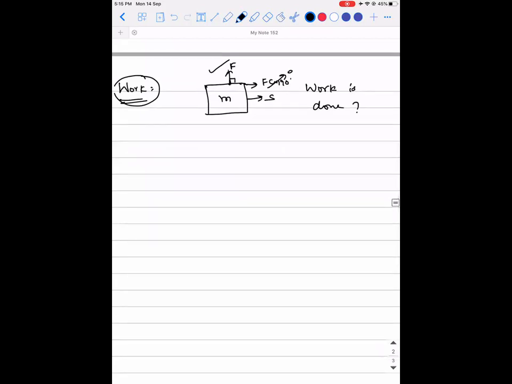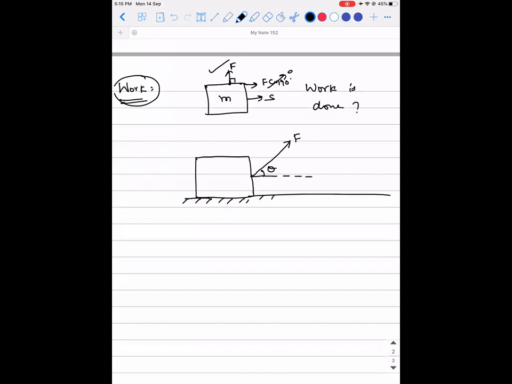Now let's try to visualize what exactly is happening. Let's say I've given you a block to which there is a string tied and you're trying to pull it. You're applying a force F at an angle theta with respect to the horizontal. I hope you're able to visualize this, right?